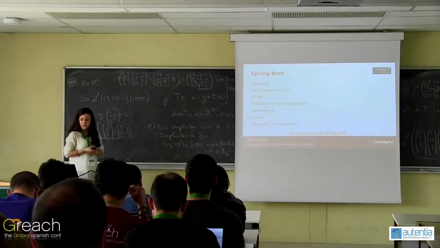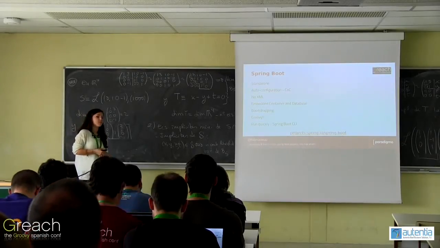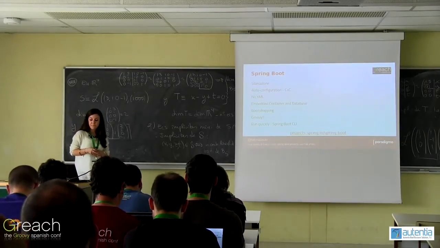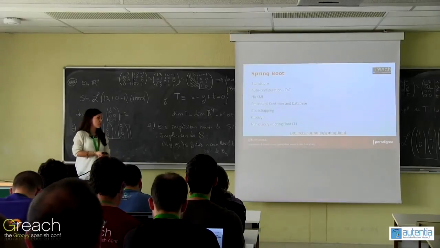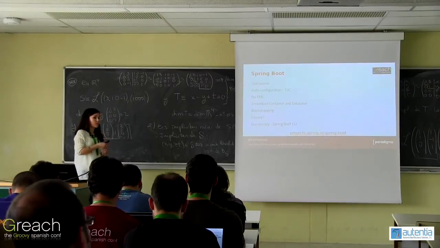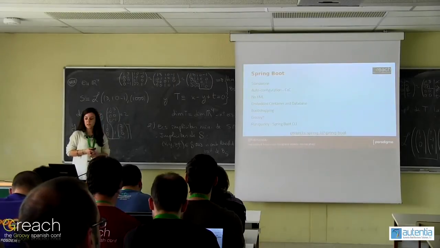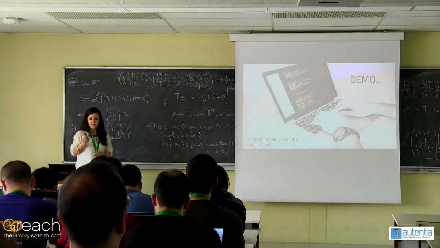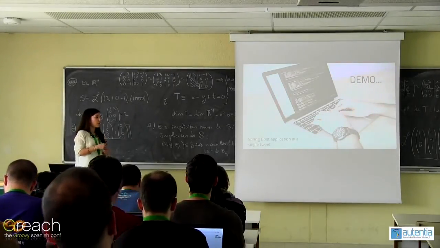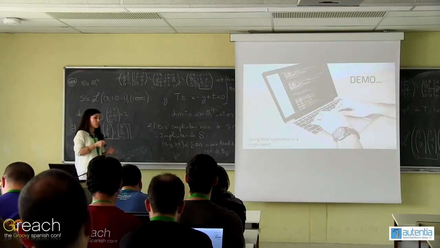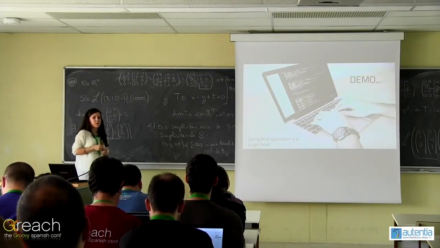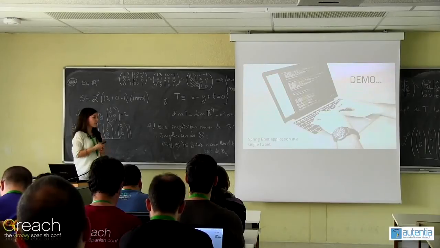And finally, we can run applications quickly thanks to the Spring Boot CLI tool. Of course, you can see more documentation and examples about all of this on its website. At each point of this presentation, we are going to see some code examples.